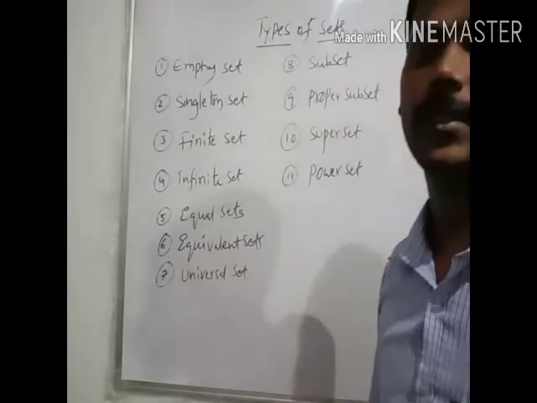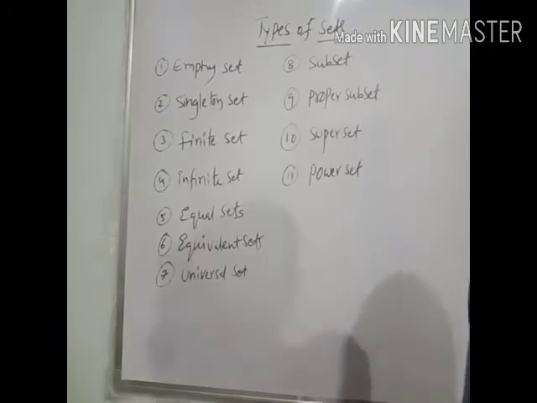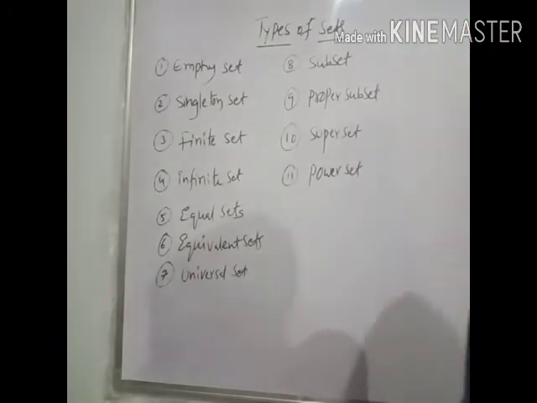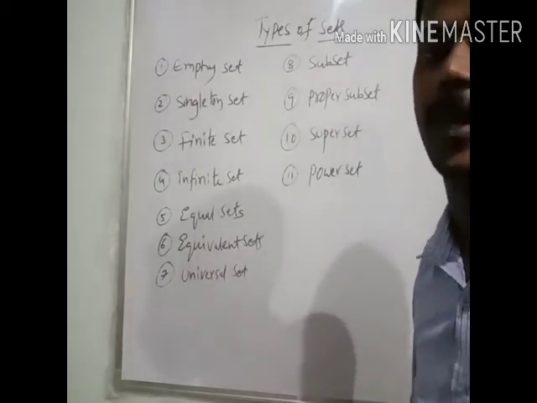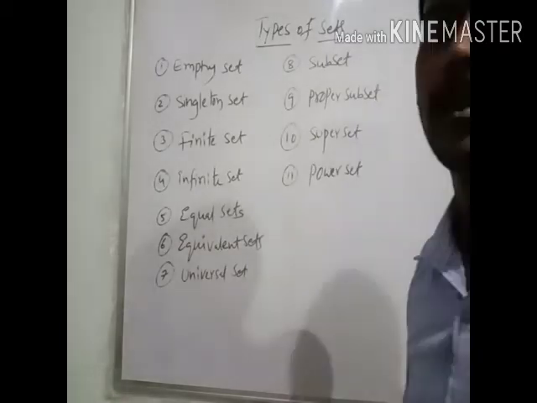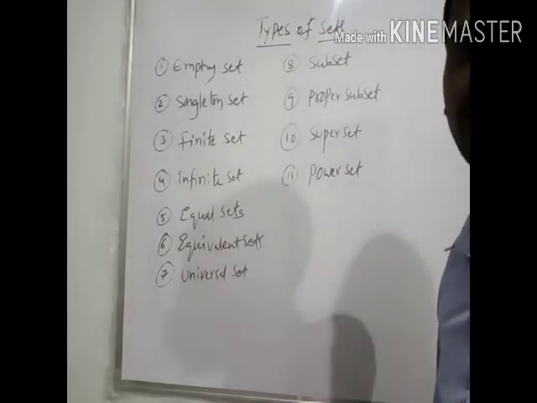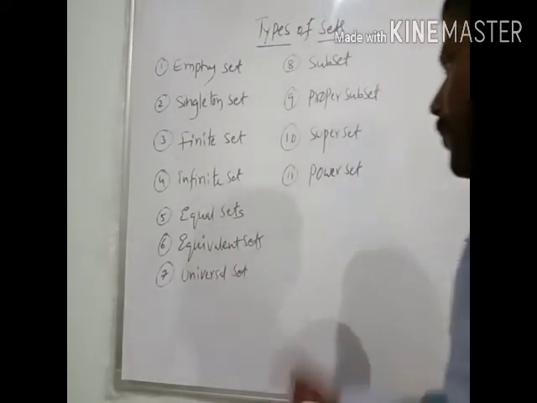A is a subset of B if and only if every element of A is an element of B. Next, proper subset. A is a proper subset of B means B contains at least one element more than set A. Superset: if A is a proper subset of B, then B is the superset of A.